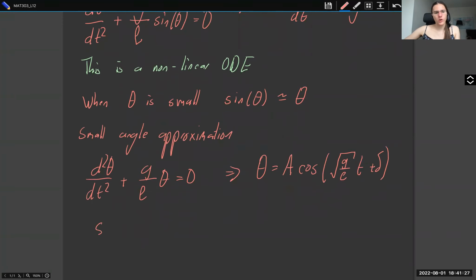So the period is approximately equal to 2 pi times square root of L over g. So in other words, if you increase L by 4, then the period, the time it takes to do a full oscillation, goes up by 2. And if you make gravity 4 times as strong, the period goes down by a factor of 2.